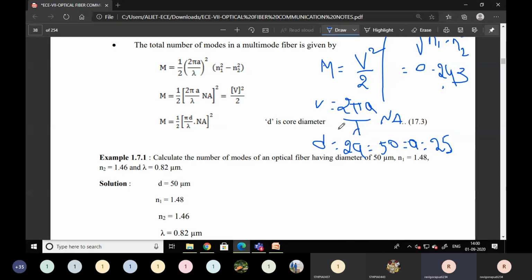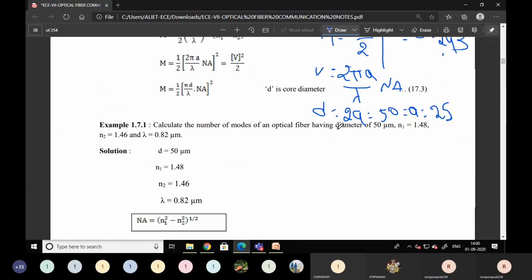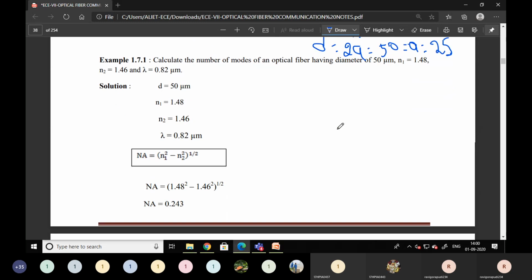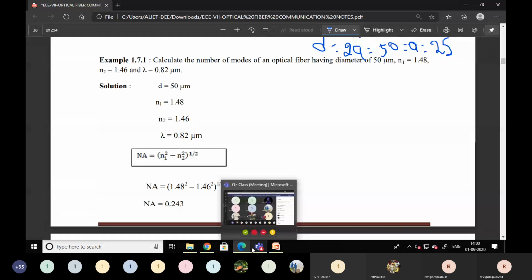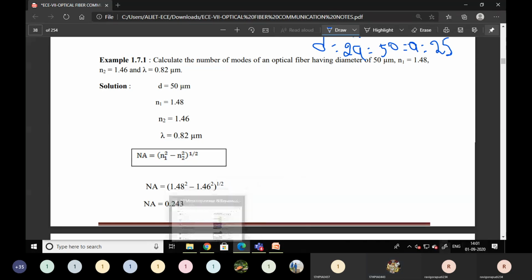Substitute here, find out the V number. Make it fast. NA is 0.243. Then find out the V value. Sir, 2.47 into 10 power minus 3, sir.